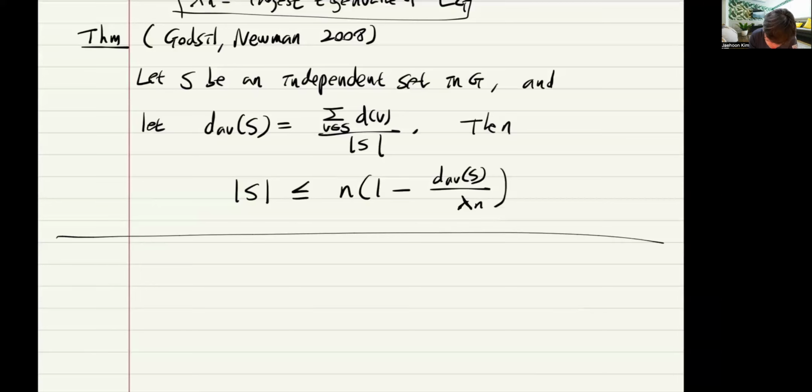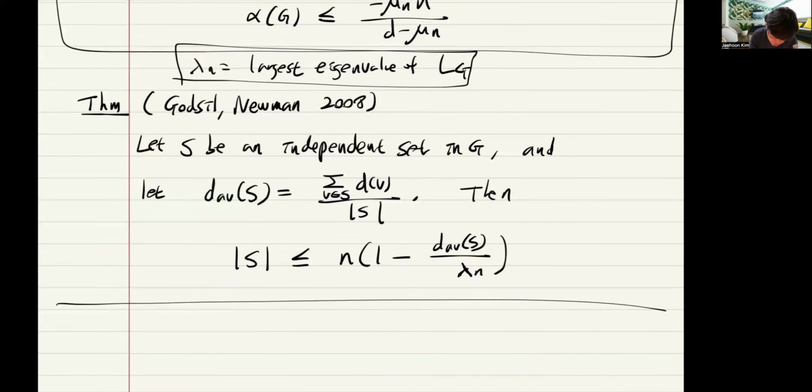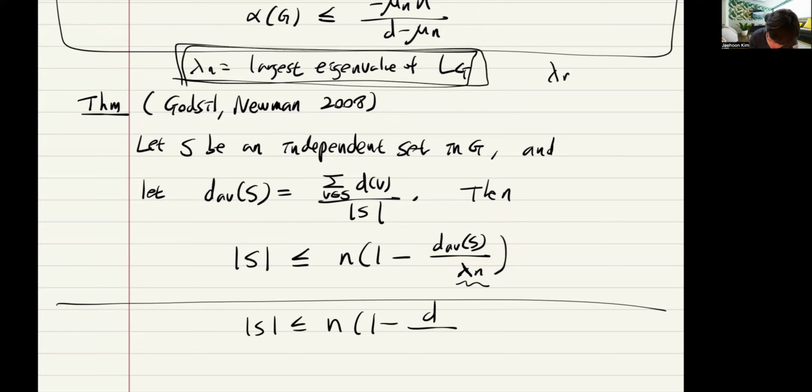Okay, first let's check that this actually implies the Hoffman bound. So if G is a regular graph, what does this say? The average degree of the vertices in S is d, since every vertex has degree d. And this lambda n, what we know is that for a regular graph, this lambda n is nothing but d minus mu n.